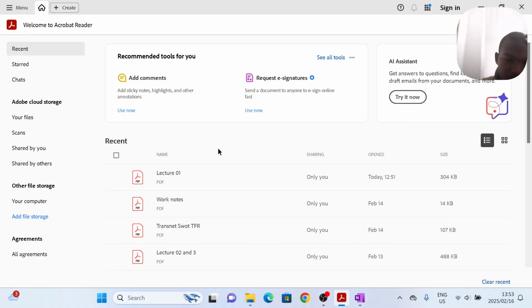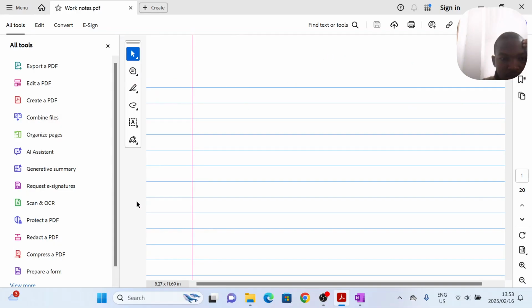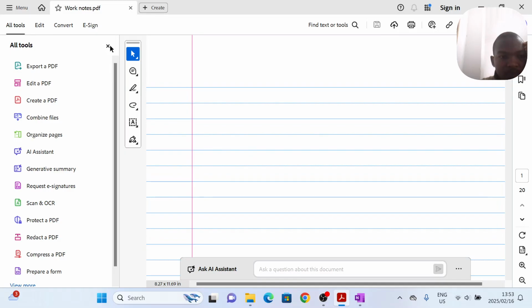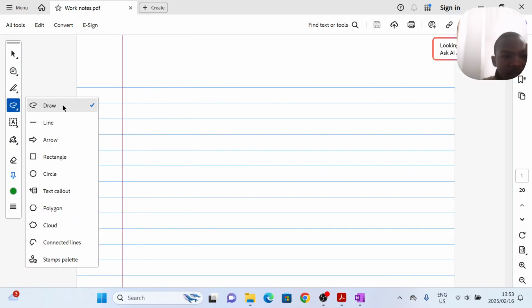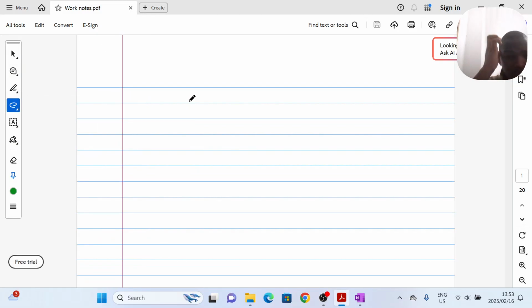And close. Open again. I want to see the file there's a file that I want to use here. So that we can use to, yeah, I want these work notes. Yeah. So for this, I wanted to use this, not OneNote.